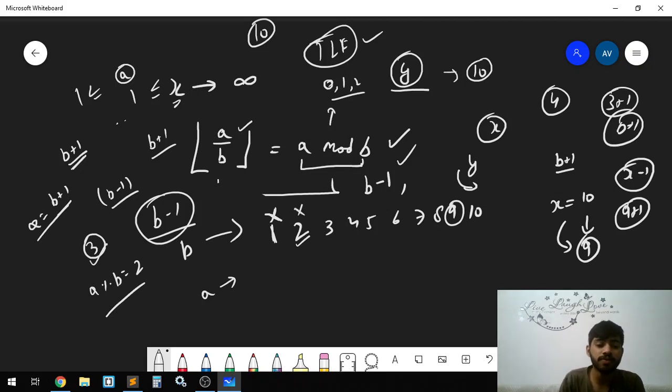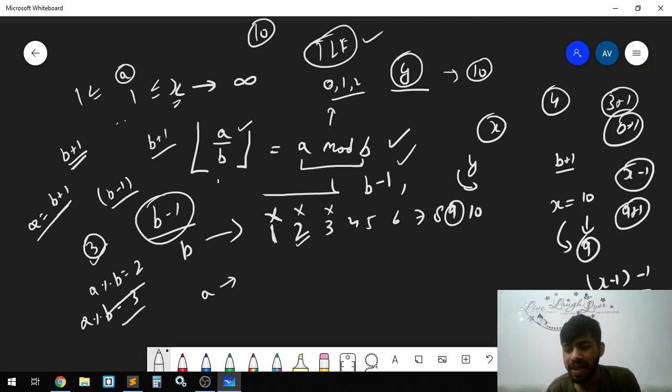And when we move to the case a mod b equals 3, then 3 can't make a special pair. So for this I just need to take x minus 1 minus 1.